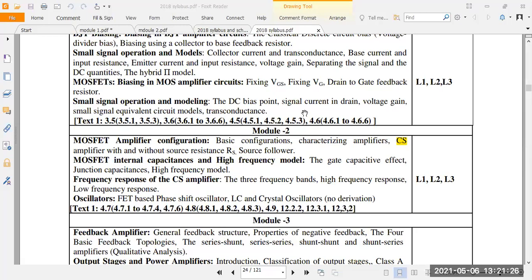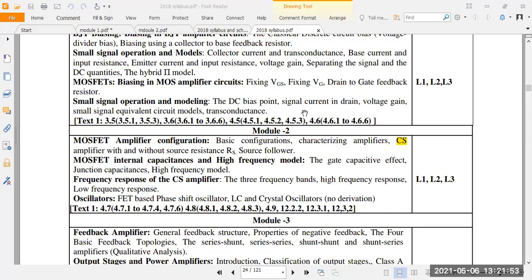After that we discuss capacitance: internal capacitance, internal resistance, then high frequency model, low frequency model, then frequency response of the common source amplifier, common drain amplifier. Then we discuss oscillator circuits. This is a very lengthy model compared to model number 1.